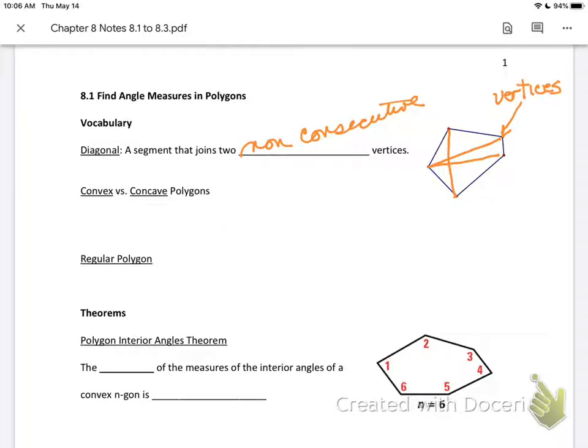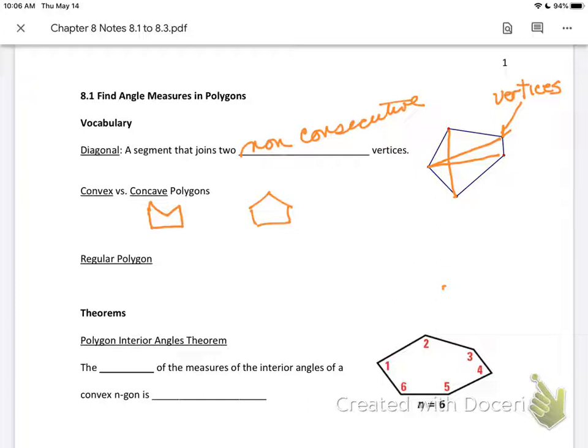Okay, in this section we're going to harken back again to terminology, convex versus concave. And I'm going to throw in regular as well. So we have some more vocab here. So remember that if you had polygons that look like this, so I'm going to do two of them.